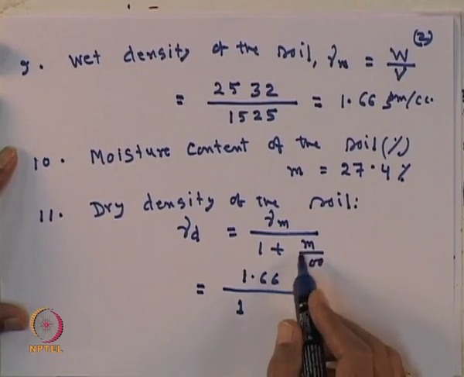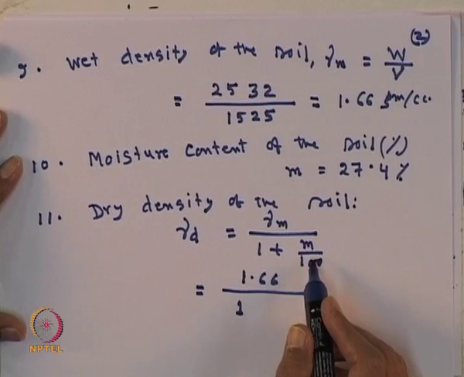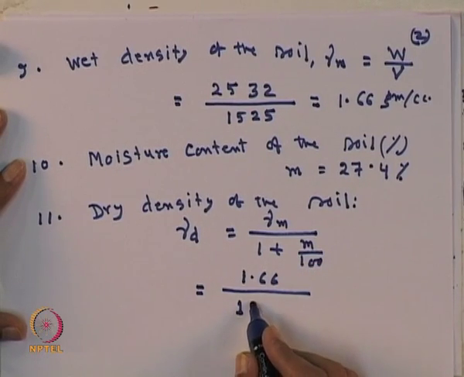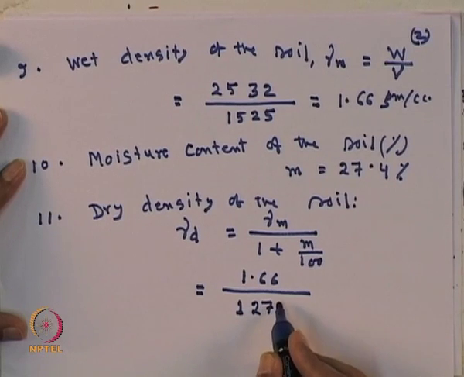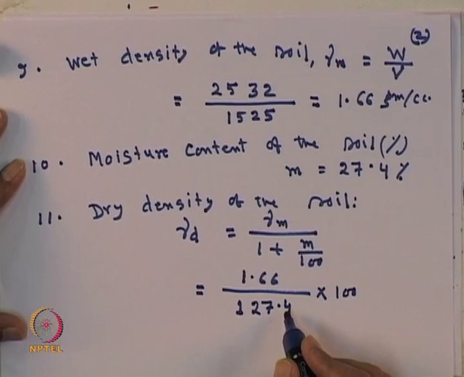That means, if you calculate this, it will be 127.4 divided by 100.